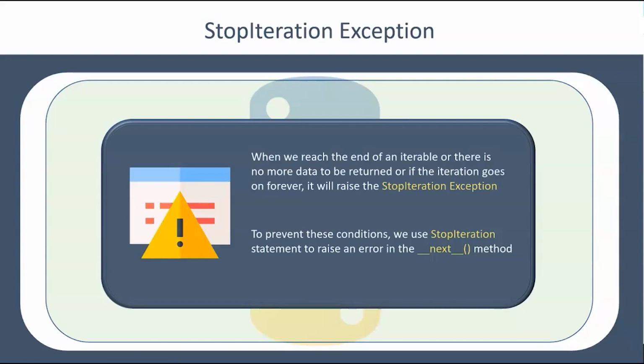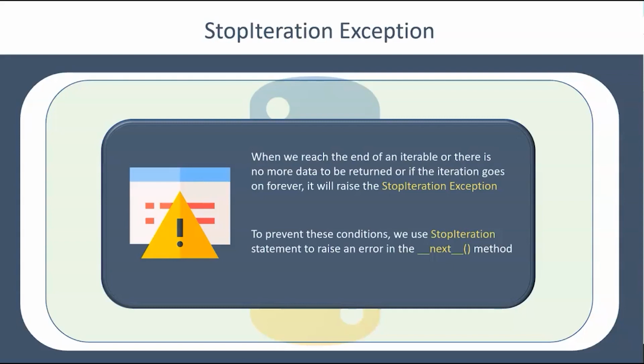To handle or manage it in your code, we use the StopIteration statement to raise an error. You can catch this exception and then raise your custom error in the __next__ method.